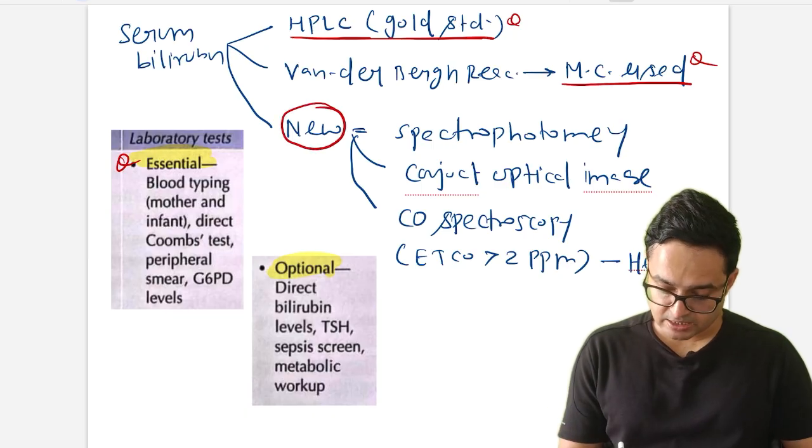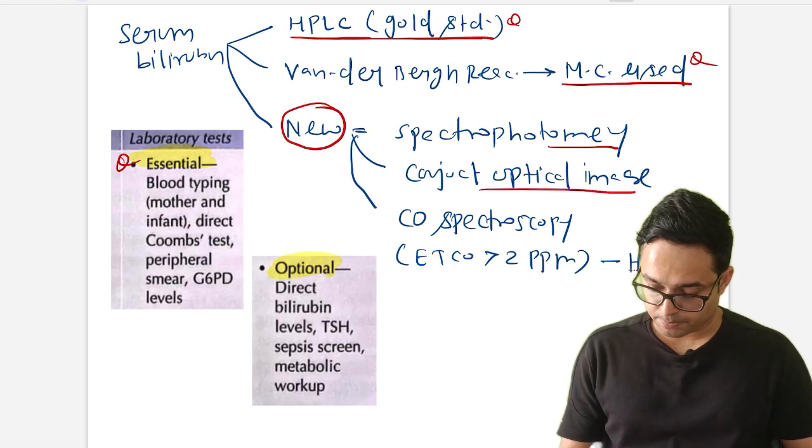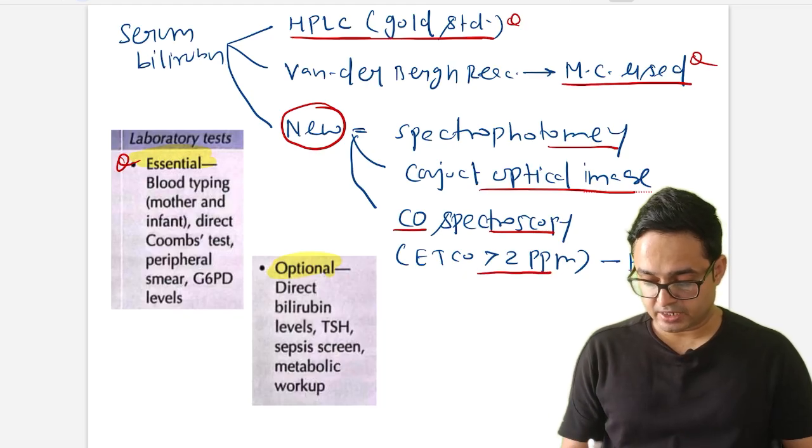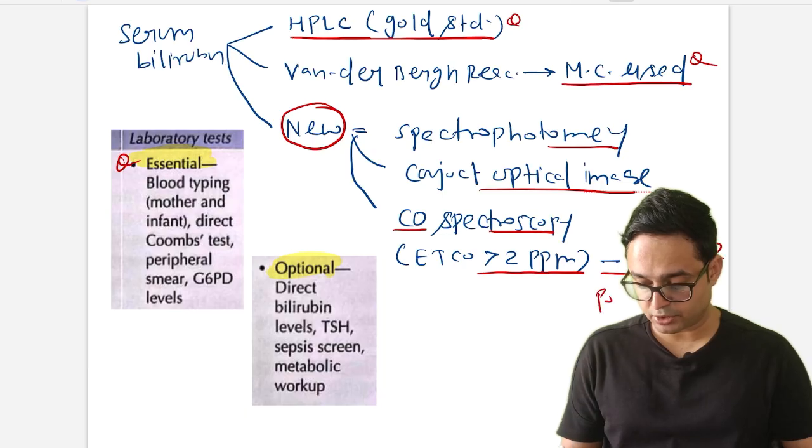What are the new methods? Spectrophotometry, conjunctival optical imaging, and CO spectroscopy. So ETCO, if it is more than 2 ppm, is suggestive of hemolysis, potential MCQ.